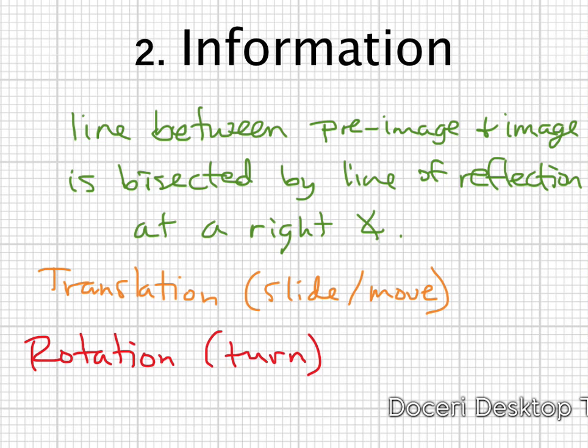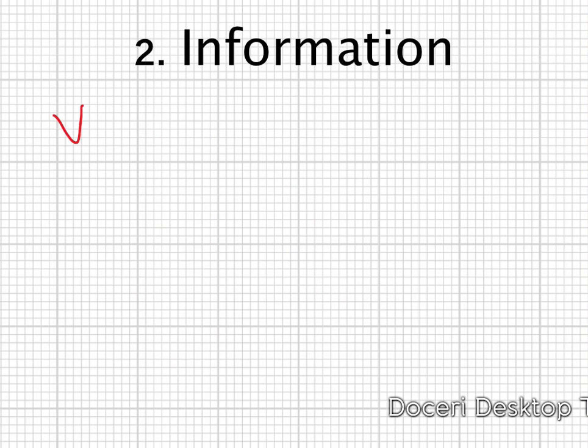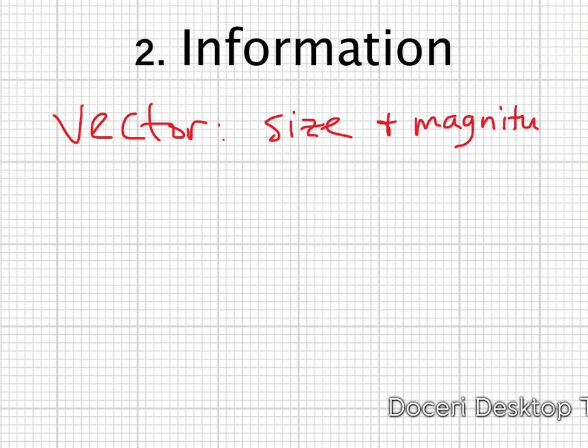And the last thing is vectors. This is probably the first time you might have heard the word vector unless you've taken physics or you are in physics. A vector determines the size, or how far you travel, and the magnitude, which tells me the direction. So left, right, up, down, diagonal at this direction.